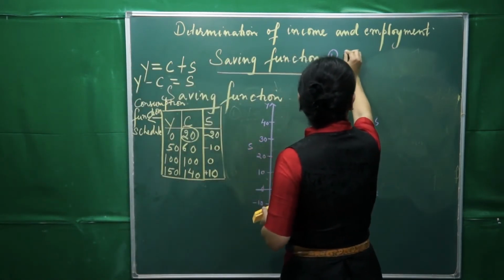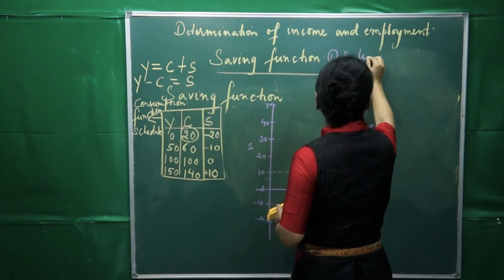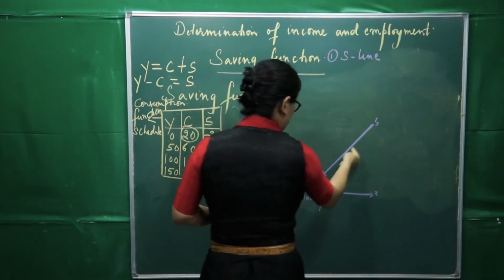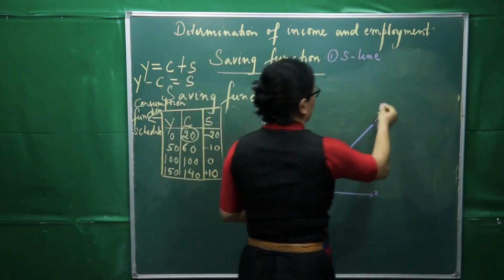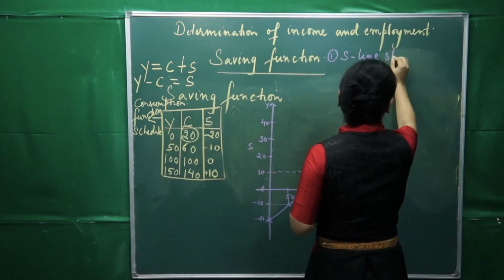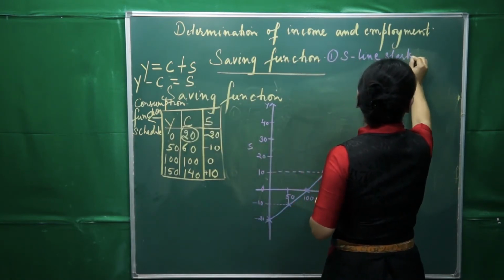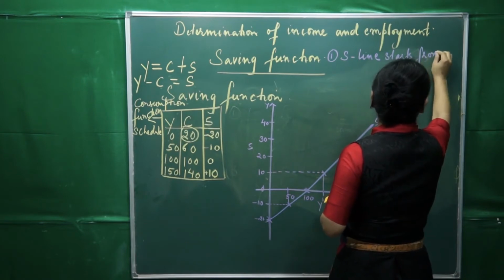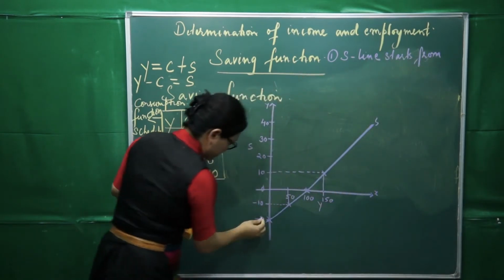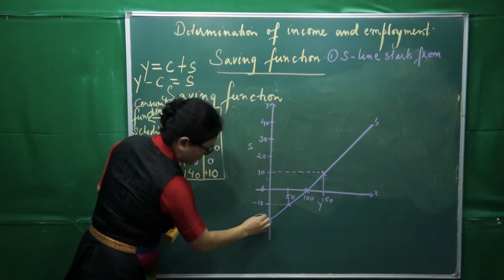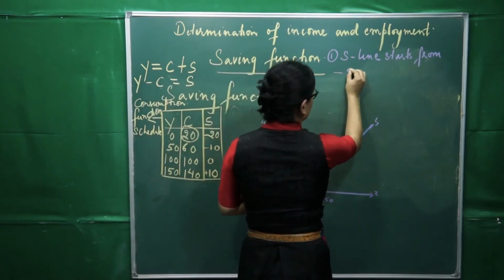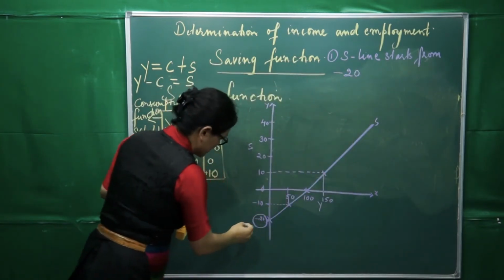Then the saving line, which is this line, starts from here, minus 20, and this is what?